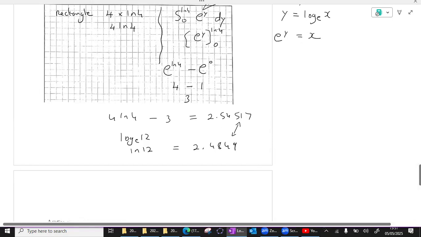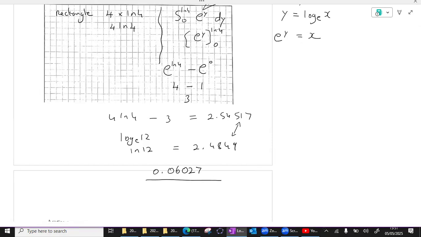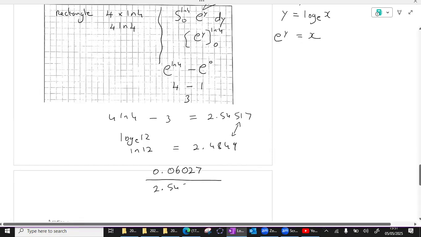So I'm going to take one from the other. So I'm going to have 2.5451, etc., minus 2.4849. So that gives me an answer of 0.06027. Now I put that over my actual, 2.54517, and then I multiply by 100 to change it to a percentage.